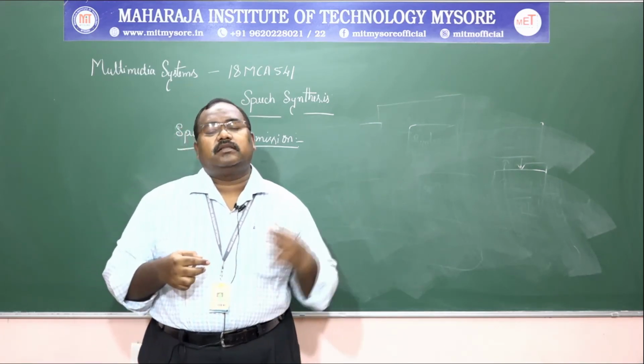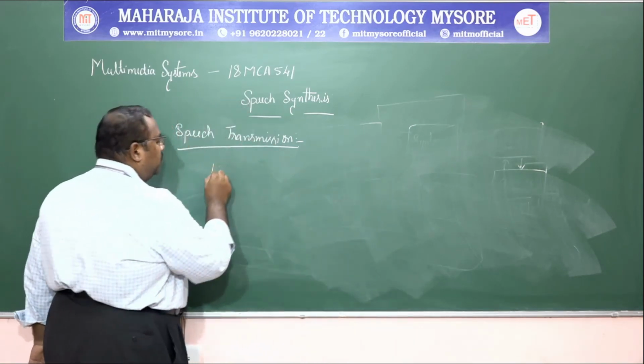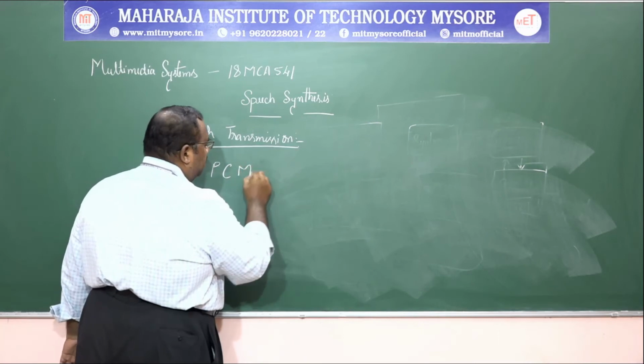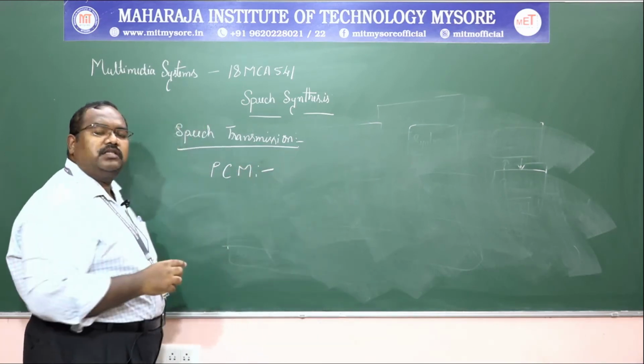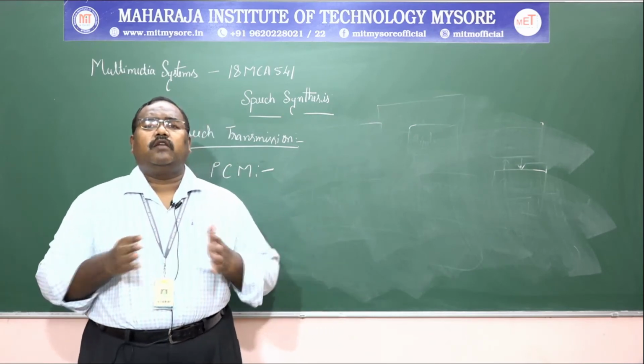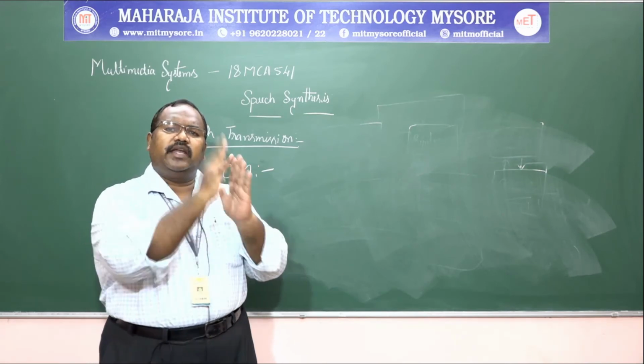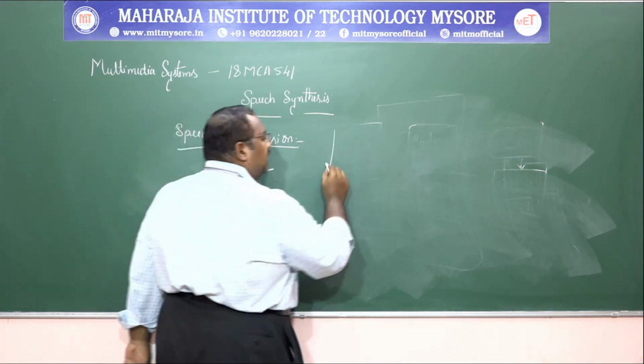So how do we digitize? The same process we have already gone through is pulse code modulation, the PCM concept. Using the PCM concept, we will be able to identify various different samples, as we have already seen.